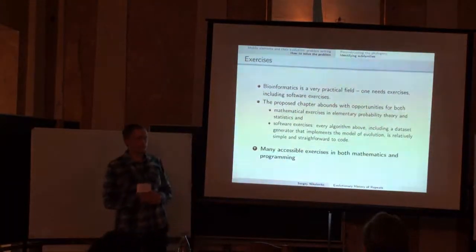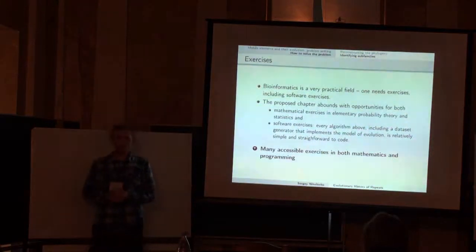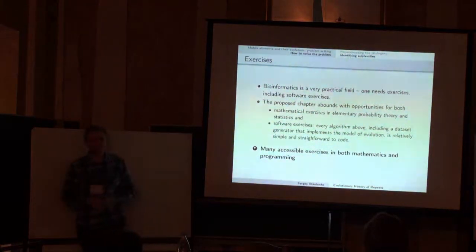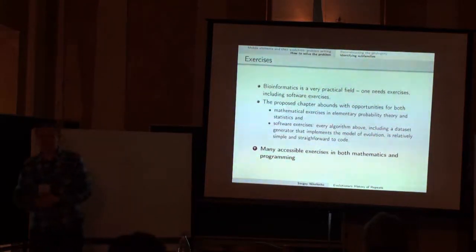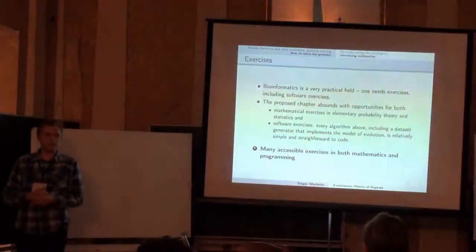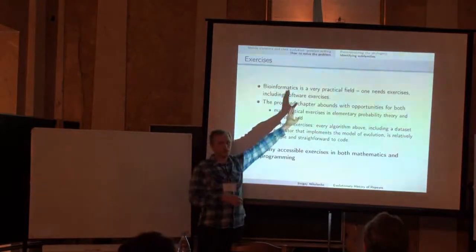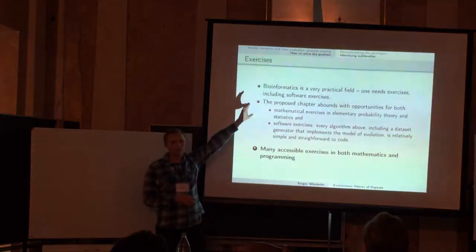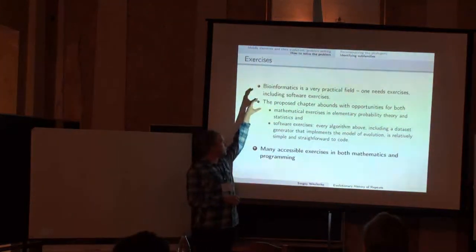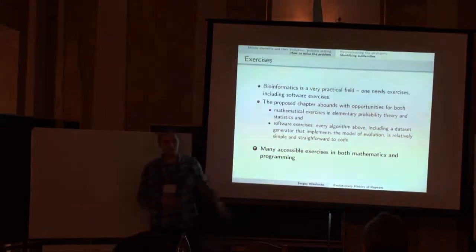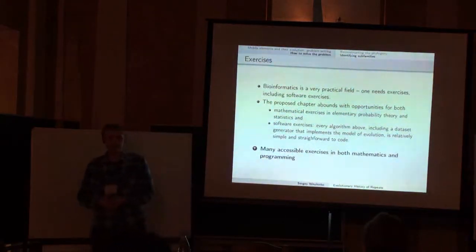And my final point is that, of course, bioinformatics being a very practical field, would need a lot of exercises. And here you probably can already see that the proposed chapter has a lot of opportunities for exercises. Because first, there can be lots of mathematical exercises in elementary statistics, elementary probability theory.